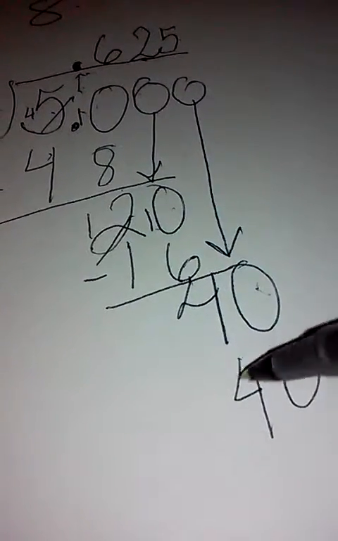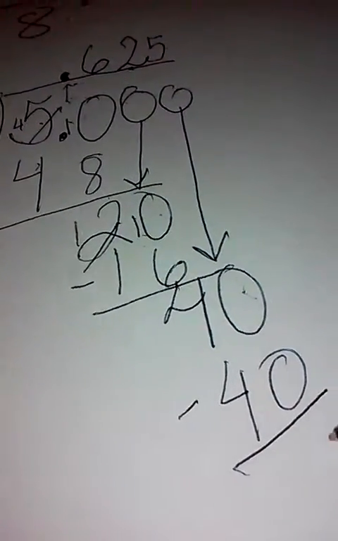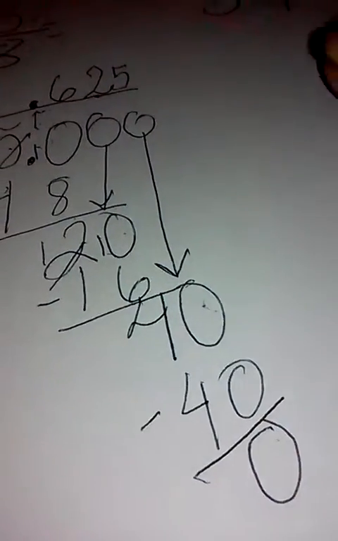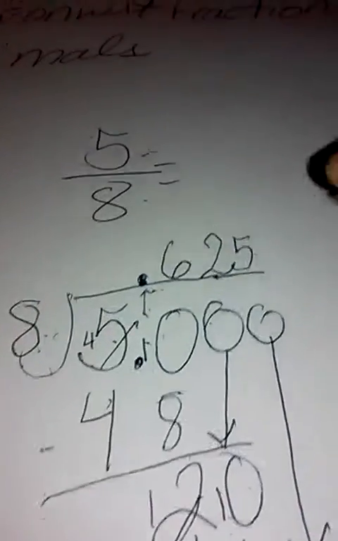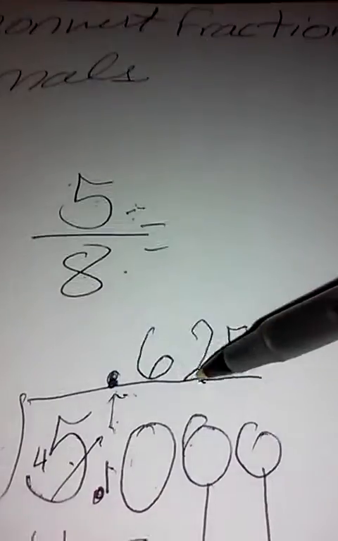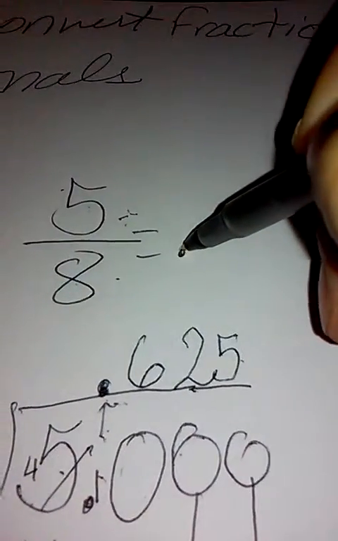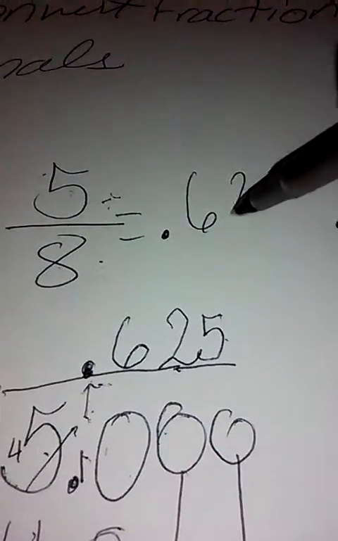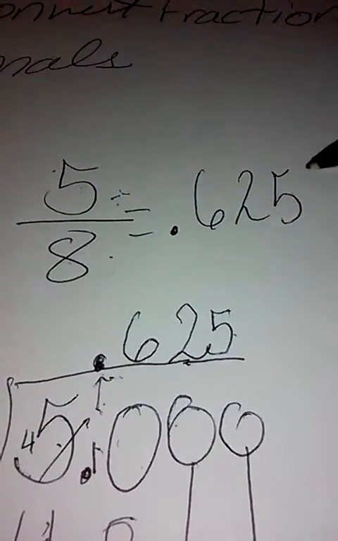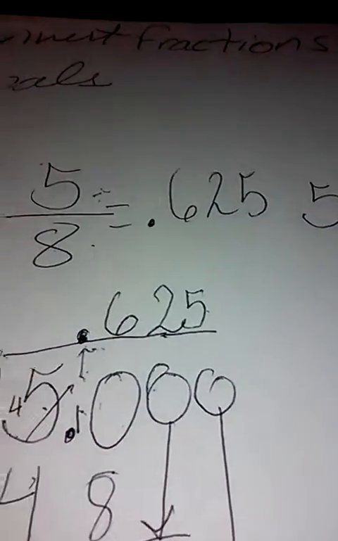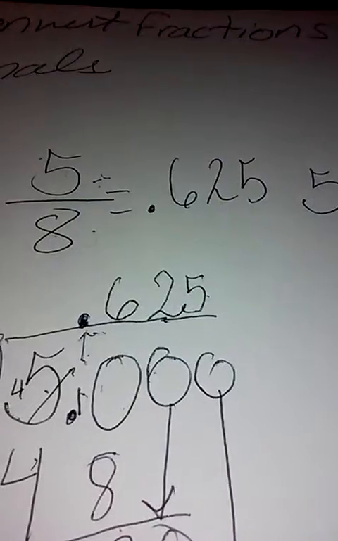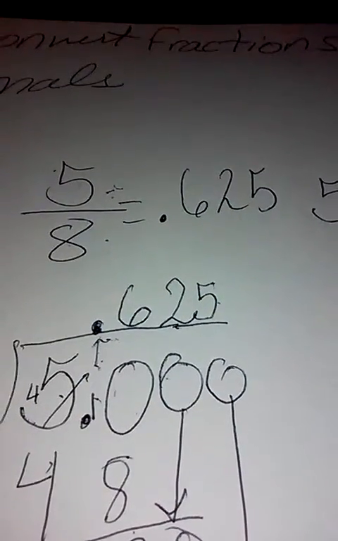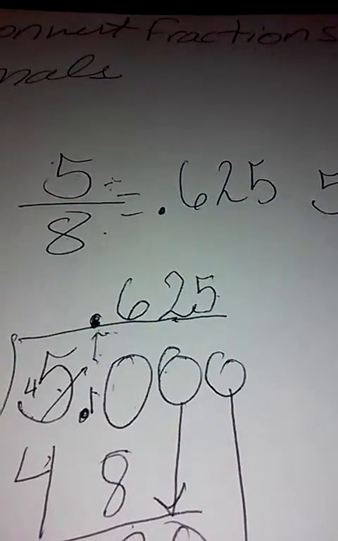We subtract and we get a 0. So we're done. So 5/8 is equal to 625 thousandths. 0.625 is equal to 5/8.